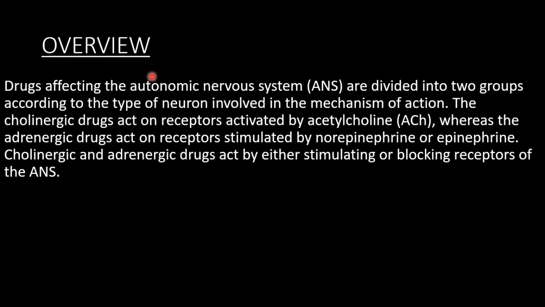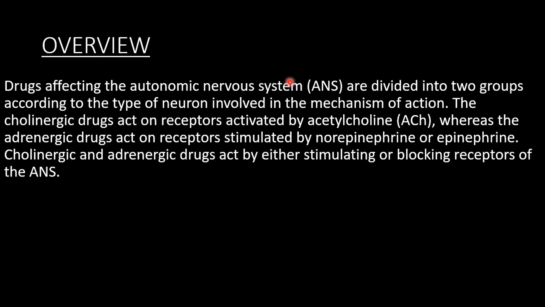Now, let's start with an overview. The drugs which usually affect the autonomic nervous system are divided according to the type of neuron involved in the mechanism of action. Those that affect cholinergic neurons are cholinergic drugs. Those that affect adrenergic neurons are adrenergic drugs, and they can either stimulate the nerve or inhibit it.